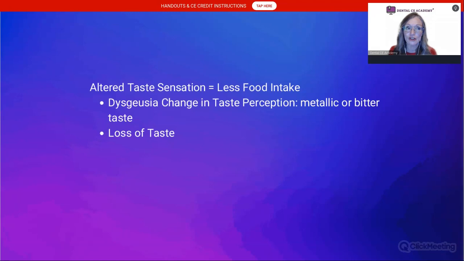All right, so altered taste sensation, less food intake. If you have a change in taste perception, or if something tastes different than it should, like metallic or bitter, or you develop a loss of taste, that can also impact your appetite, right? And that's something that I've noticed in my patients. It was actually something I experienced since having C. difficile, because I have kind of lost my sense of food cravings. I don't get hungry, so I have to set my clock to remind myself to eat.